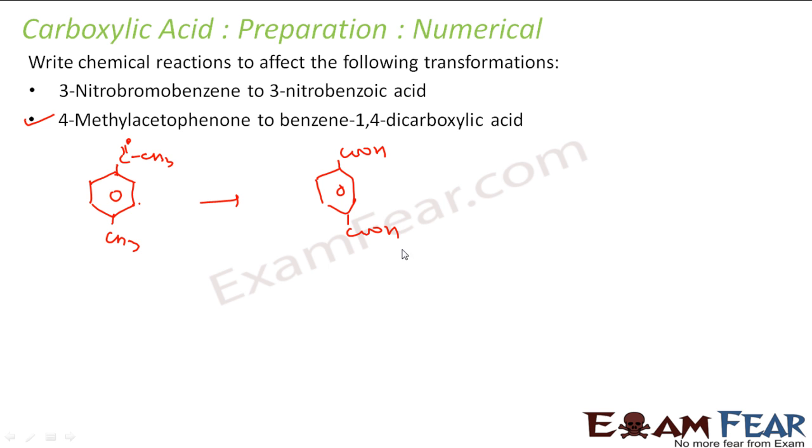It's easy actually, you can just oxidize it with KMnO4 and then do a hydrolysis. This gets oxidized to COOH, and CH3 also gets oxidized to COOK, and then you use water to hydrolyze it and it becomes COOH. It's a pretty easy one.